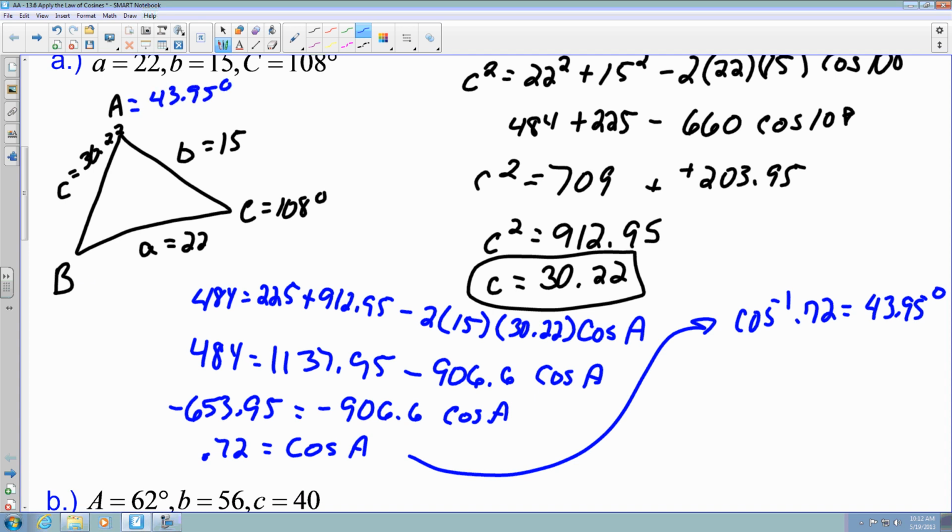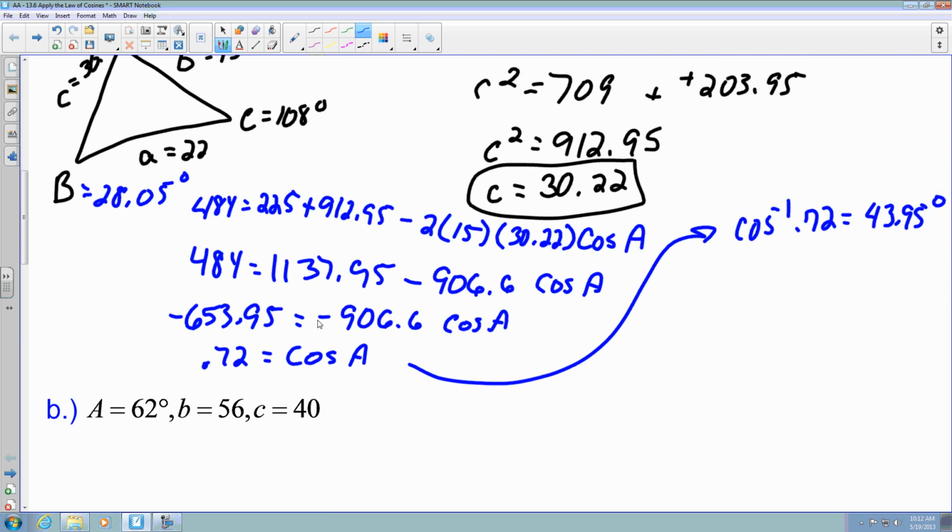Now to find B, I know that all the interior angles of a triangle add up to 180. So I subtract 108 and then subtract 43.95, which gives me 28.05 degrees. So that's how you solve it using side, angle, side.